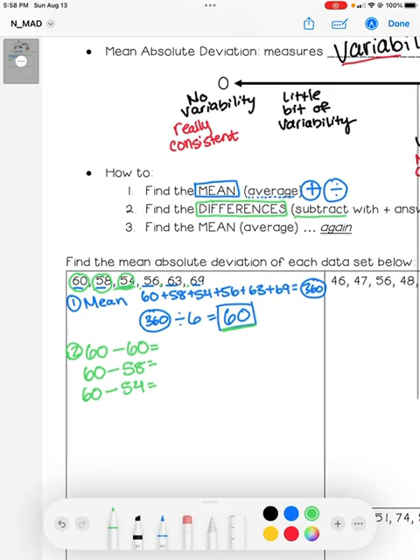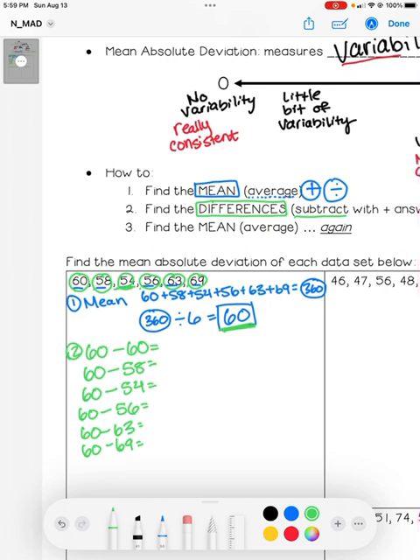The distance between the mean 60 and the data point 56. The distance between the mean 60 and the data point 63. The distance between the mean 60 and the data point 69.